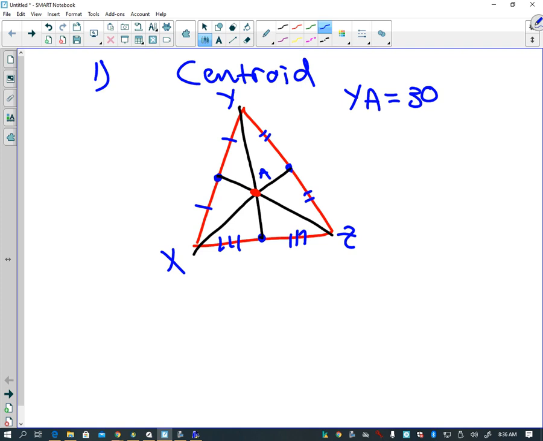They might tell you that, oh, hold on, I haven't labeled some of these other parts. Let's call this H, I, and J. They'll tell you something along the lines of XI.